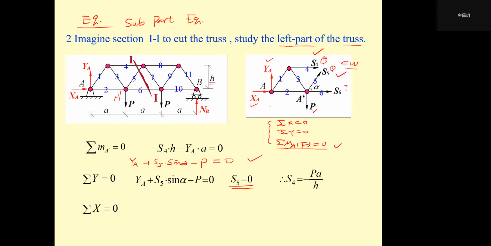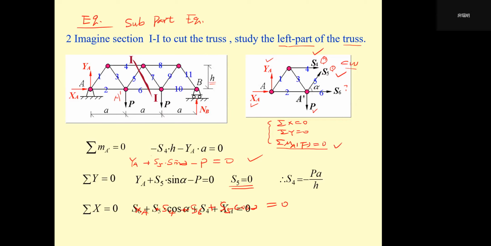Sigma x equals 0. Once again, please follow me; we will give this equation together. We give XA here, plus S4, plus S6, and plus S5 times cosine alpha, because S5 cosine alpha is along the positive direction of x, equals 0. Am I right? It should be correct.